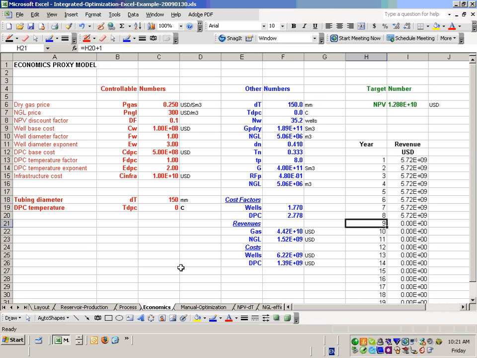The one thing I wanted to check was on the fuel, so the gas. See, where did we put that in? The revenue from the gas.